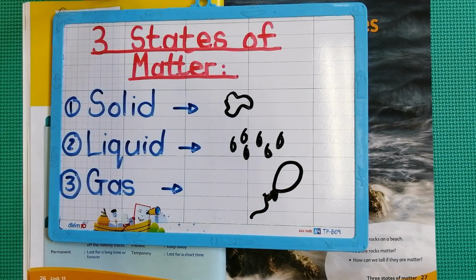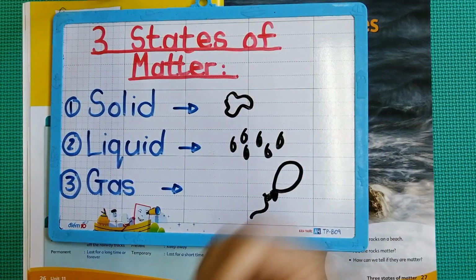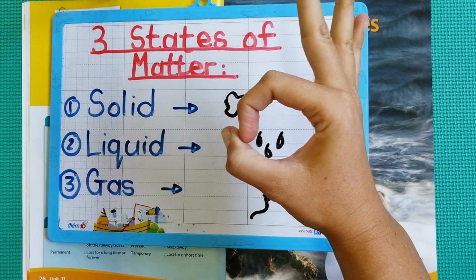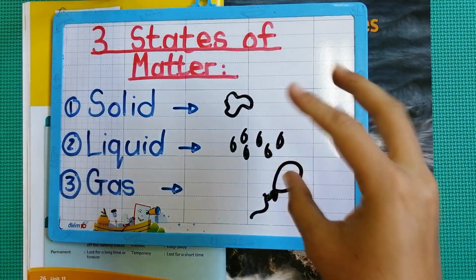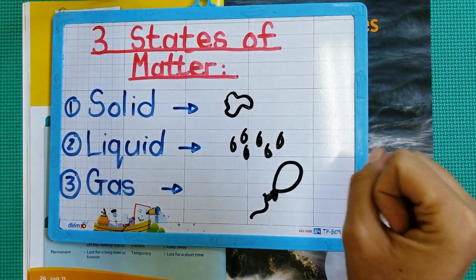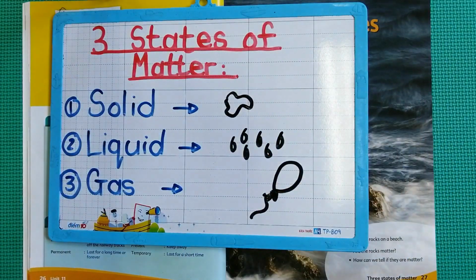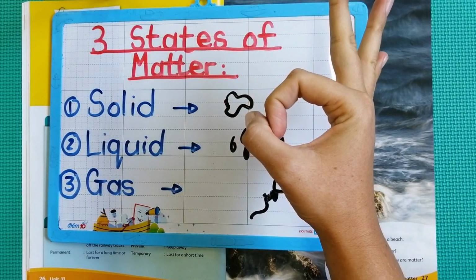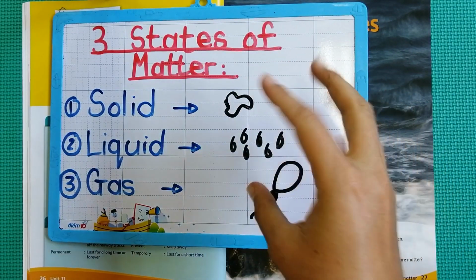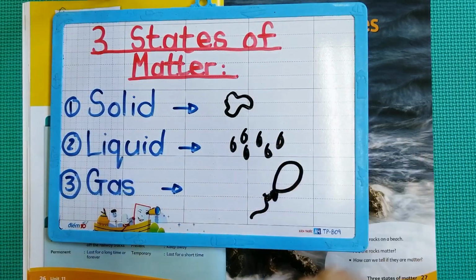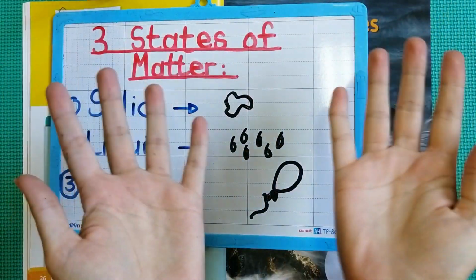The air that fills up the balloon is another state of matter. So the three states of matter are a pebble, liquid and gas. That's how we're going to remember the three states of matter. The pebble, the water or the liquid, and then the gas. Gas is everywhere.